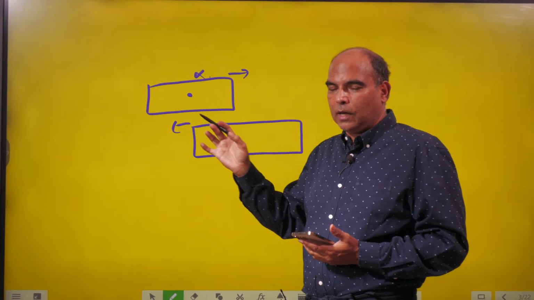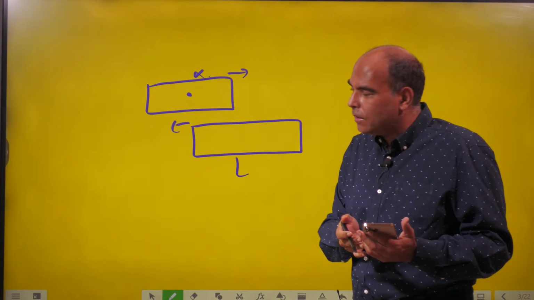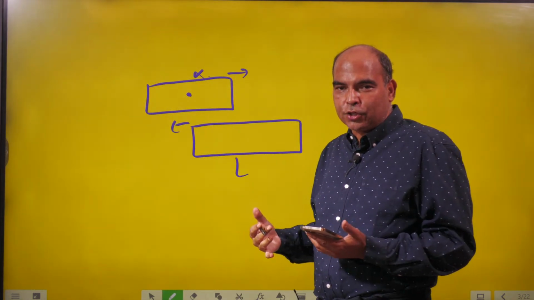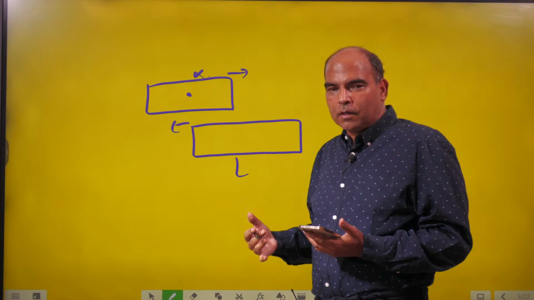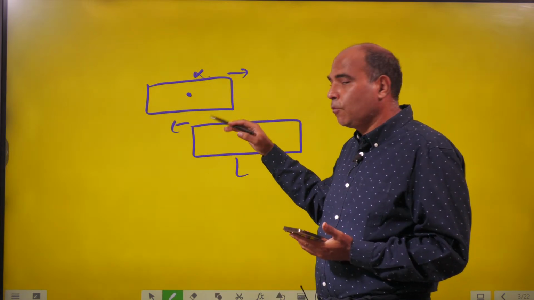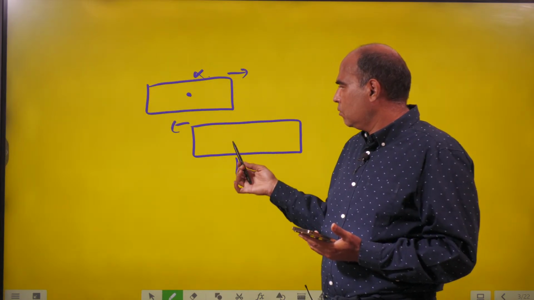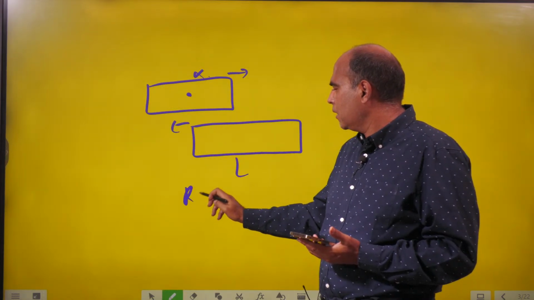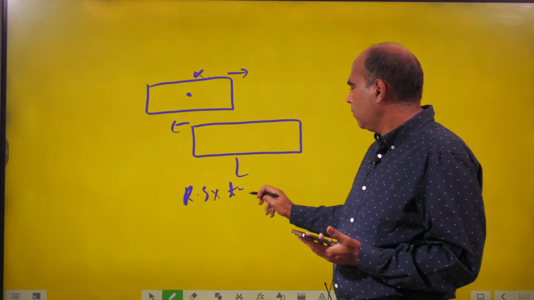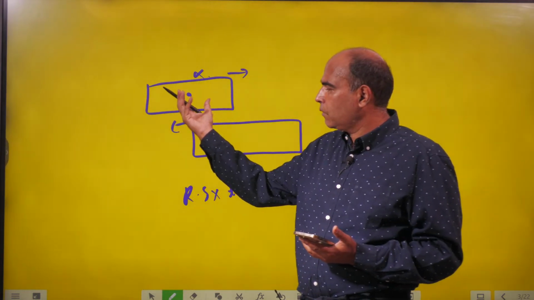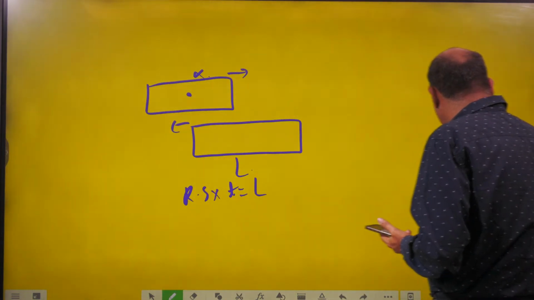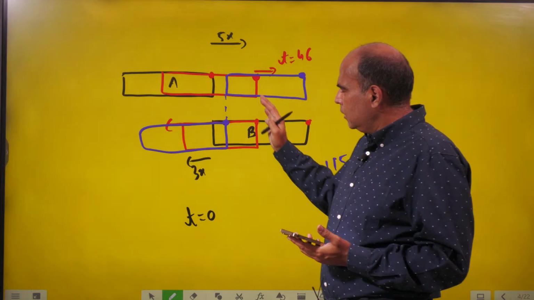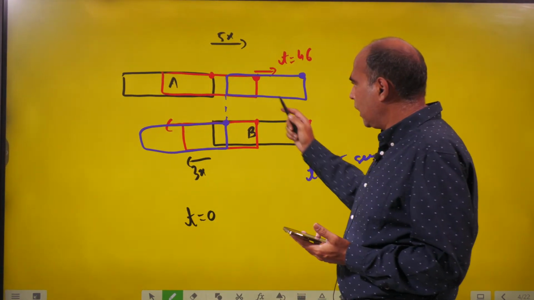So this is obviously about relative speed, and relative speed is the sum of the speeds of the two trains when they are moving in opposite direction. So the equation used here is the relative speed into the time equals the length of this train. The length of that train becomes immaterial. So if you can connect that to this point, let's look at the black situation to the red situation.